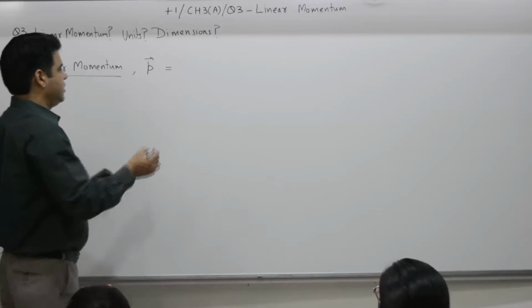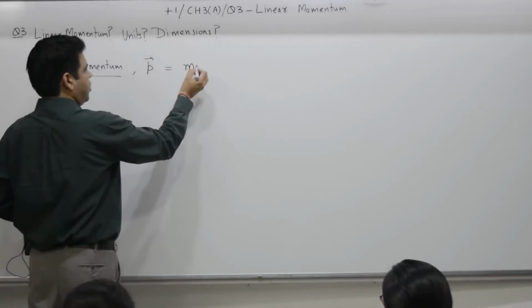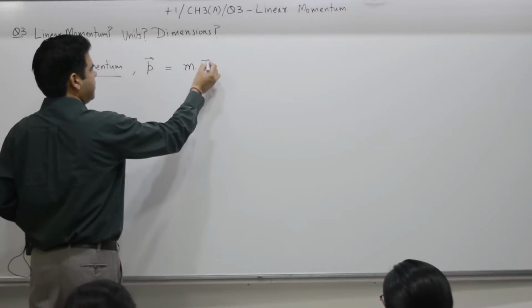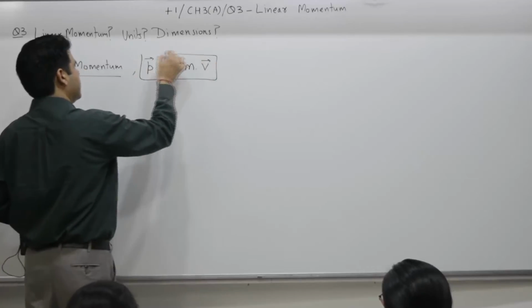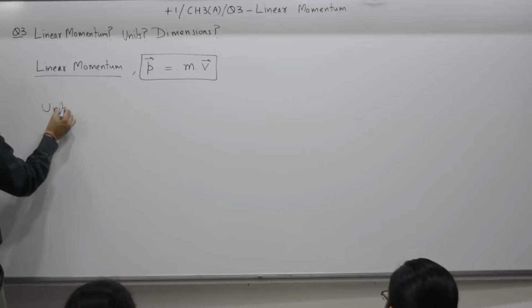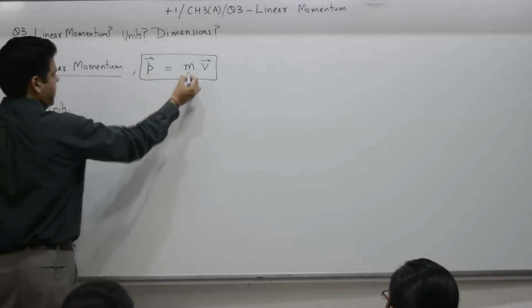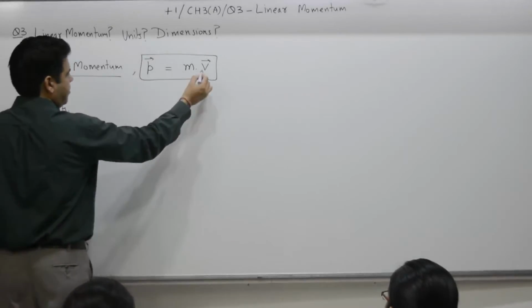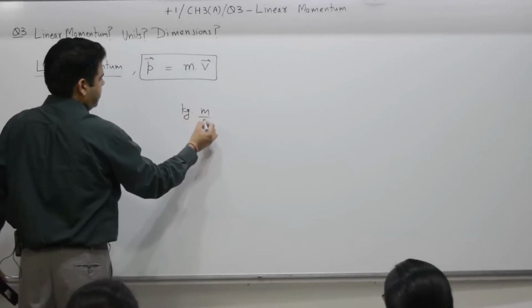School definition. For a cricket ball of mass m and velocity v, momentum is defined as the product of mass and velocity. Units: mass is in kilograms, velocity or speed is in meters per second.